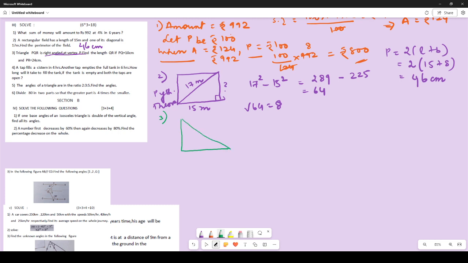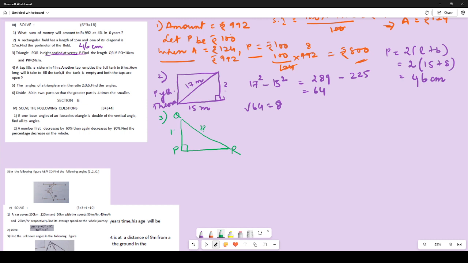Sorry, my triangle is a bit tilted, please excuse me for that. It is right angled at P. So this can be Q or this can be R. Now what we have over here is to find the length of QR. This you have to find out if PQ is equal to 10 centimeters.